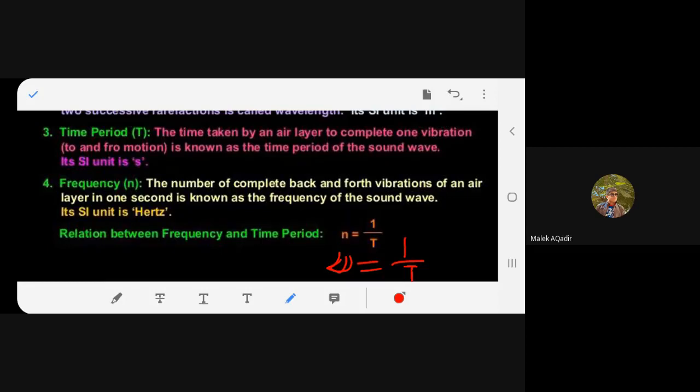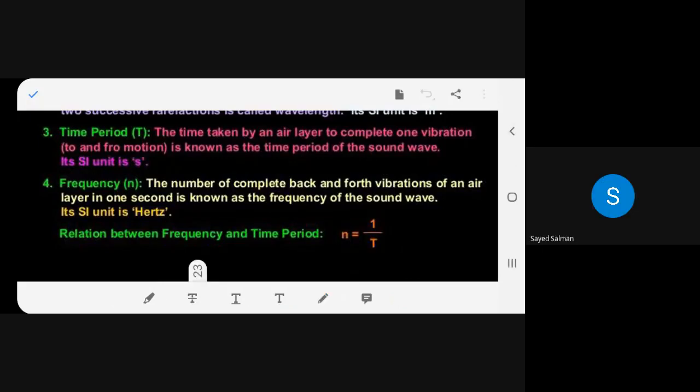This is how you have to remember. You have to just mug it a bit. Okay, you have to learn all this by heart. Any problem, beta? No. Okay.